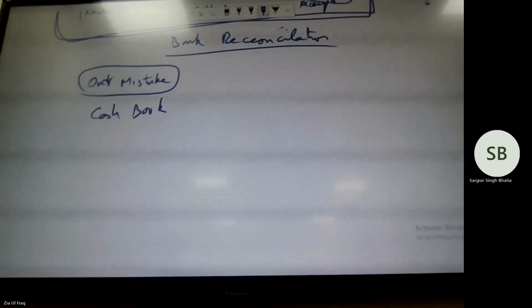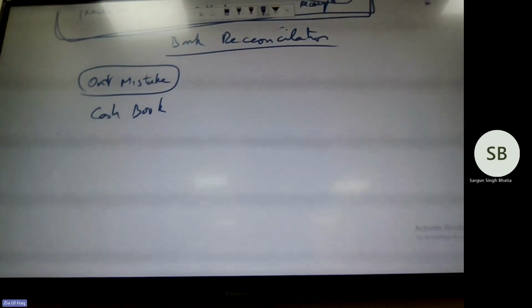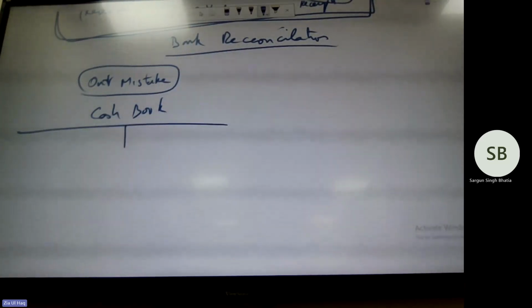Whenever we receive a bank reconciliation question, we need to prepare the cash book for our mistake. If the difference is relating to our mistake, this means we need to correct our book.